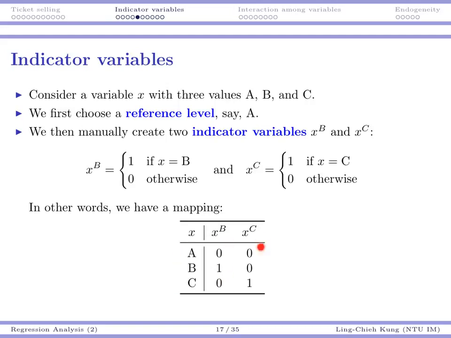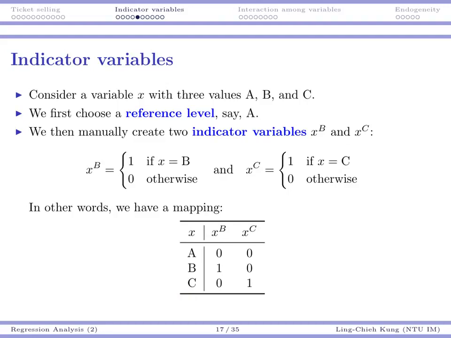Here xb and xc each of them only have 2 values, but if we combine them, we are able to represent 3 values, right? If both values are 0, then we know it's not B, it's not C, then it must be A. And then if this is 1 and this is 0, we know the original value is B. And here we know the original value is C.